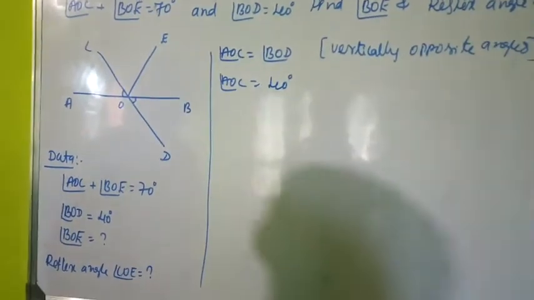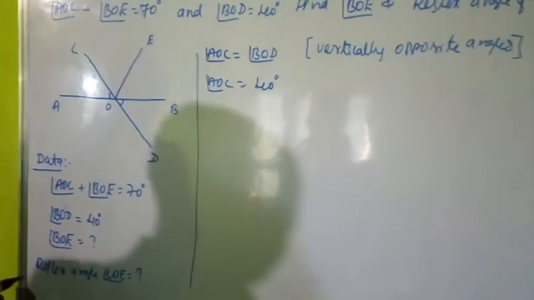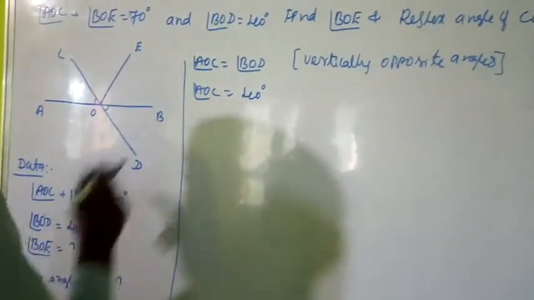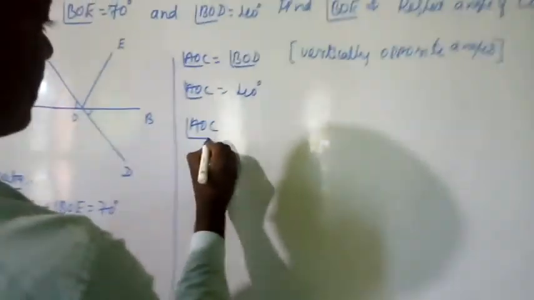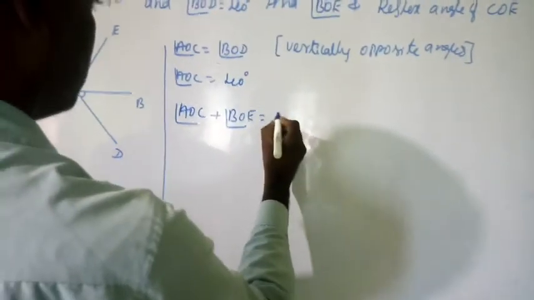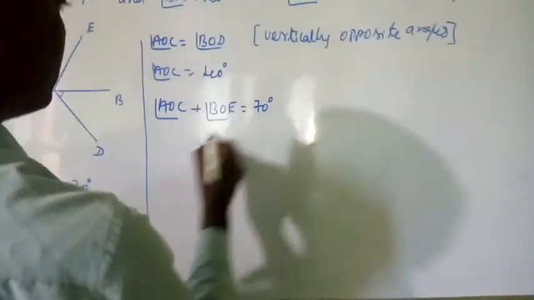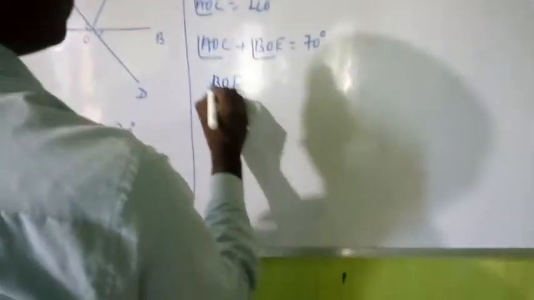Next, we have a condition given here: angle AOC plus angle BOE is equal to 70 degrees. Now substitute AOC to get BOE.